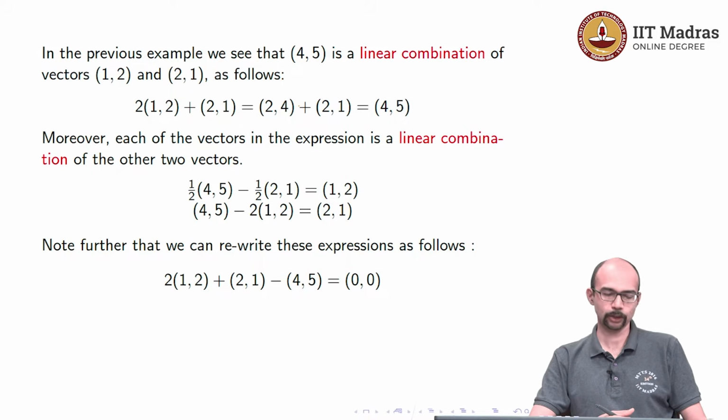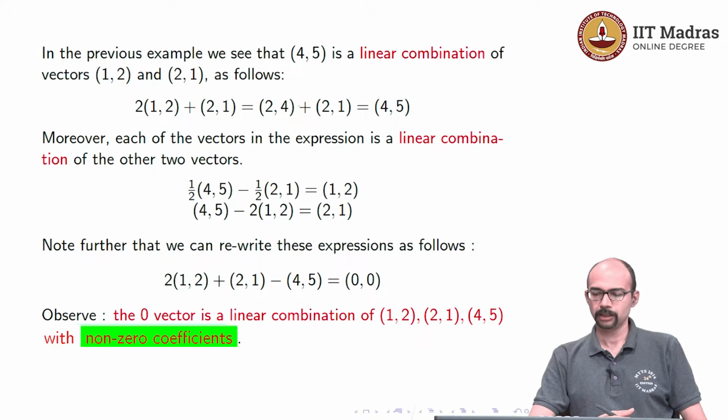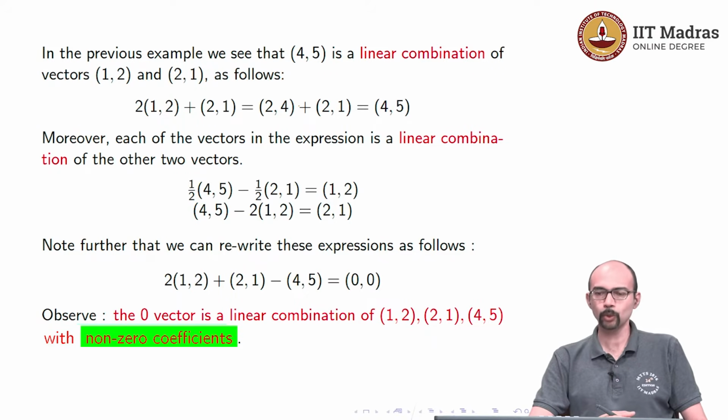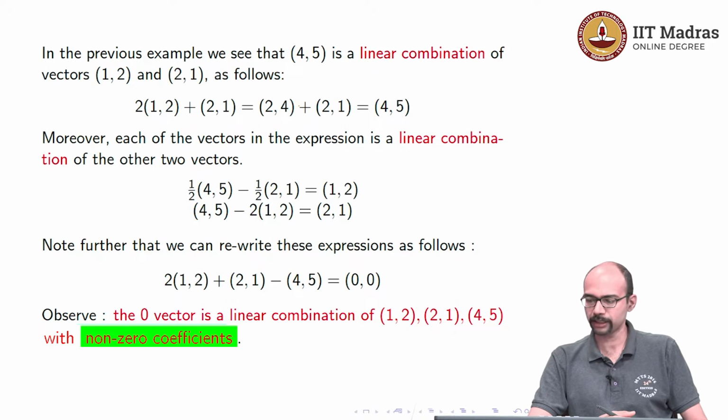So we have a linear combination of these three vectors by some scalars, and these are non-zero scalars. What are the coefficients? 2, 1 and minus 1. And with these coefficients, 0 is a linear combination of these three vectors (1, 2), (2, 1) and (4, 5).